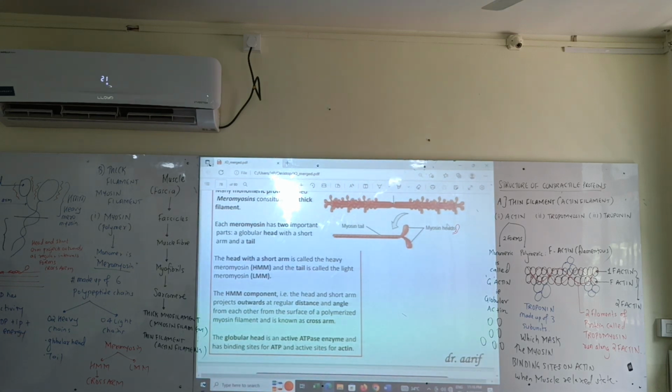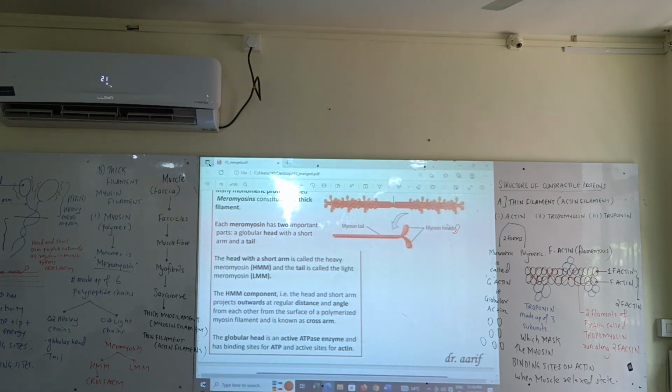And it shows the presence of ATP binding sites for the binding of ATP, and it shows the presence of actin binding sites. Which sites? Actin binding sites. आपको याद है? एक्टिन पे मायोसिन बाइंडिंग साइट्स थे, तो डेफिनेटली मायोसिन पे क्या होंगे बच्चों?